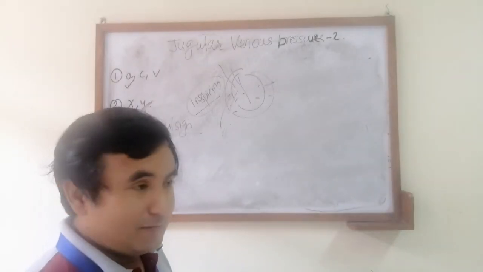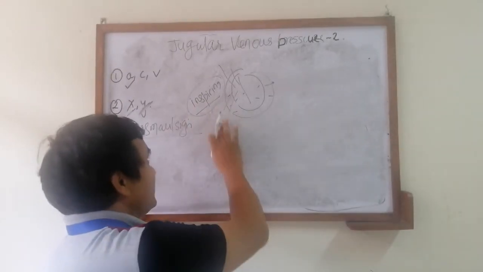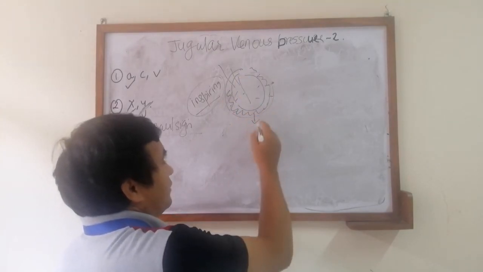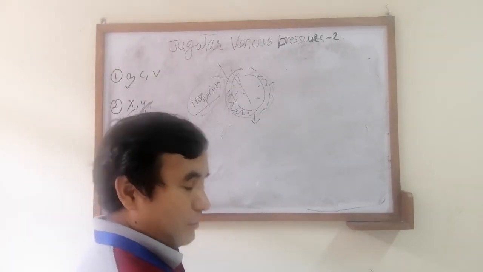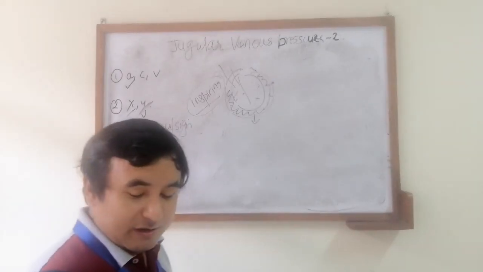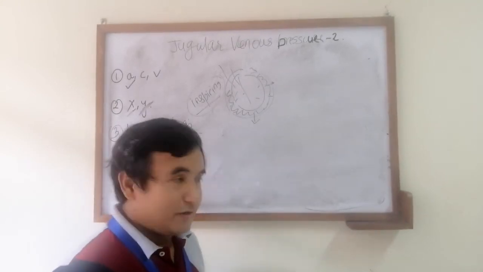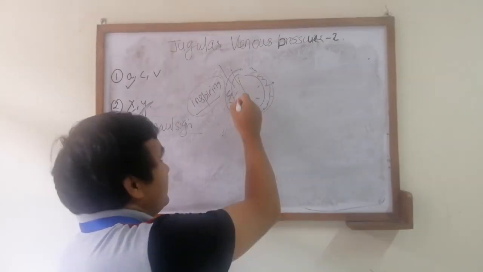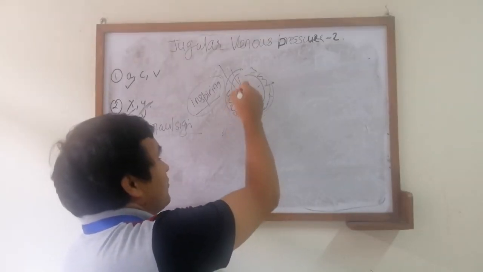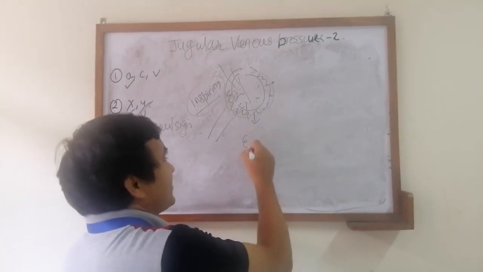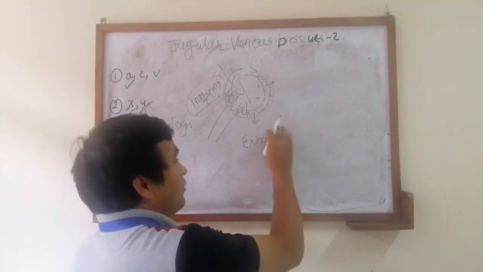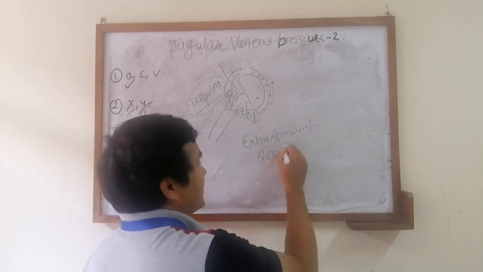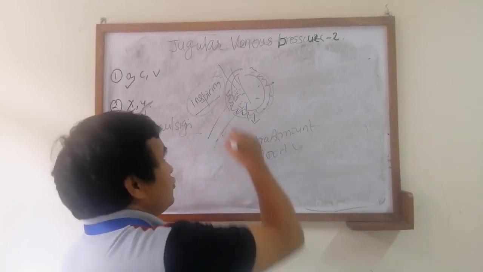But what is Kussmaul sign? There are some conditions. If there is a pathology like cardiac tamponade or constrictive pericarditis, or sometimes even severe right sided heart failure, what happens? When you are inspiring, the pressure in the right ventricle is so high that it cannot accommodate the extra amount of blood from the inferior vena cava and superior vena cava.